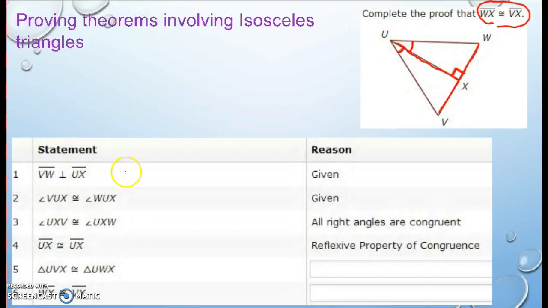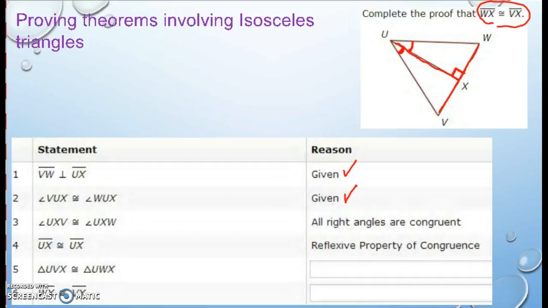I'm going to start statement 1 by stating that segment VW is perpendicular to segment UX. That was given to us. We can see the box in the corner of those segments. The next statement is that angle VUX, that's this one, is congruent to angle WUX, that's this one. Again, given to us in the diagram.